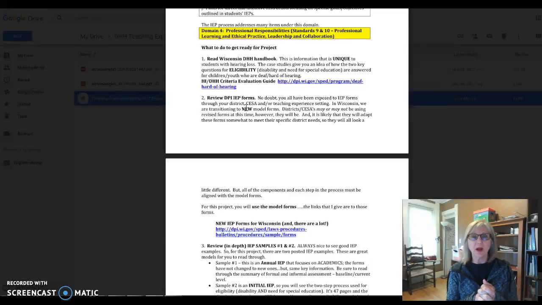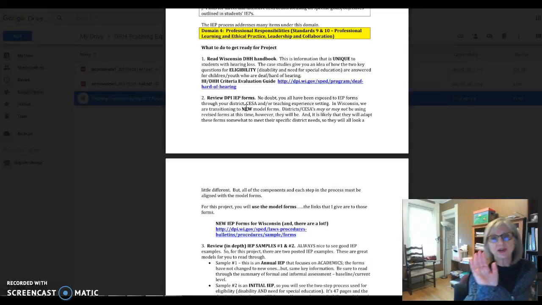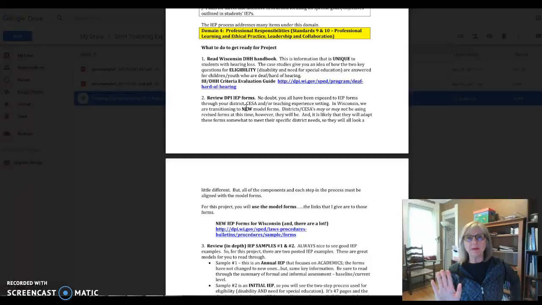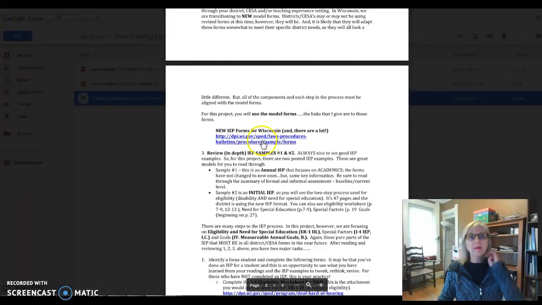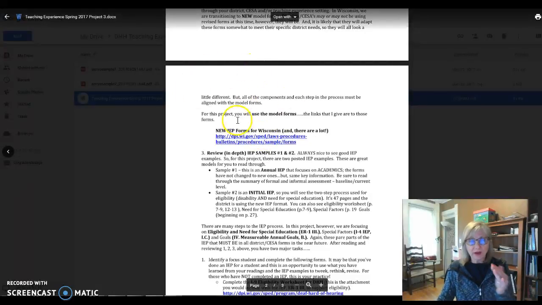Some of your districts or CSAs are using the old forms, and some have revised them to use the new forms. I'm linking you in this project to the new forms, which are on the DPI website, and those are the forms we'll use. So you want to look at the forms.